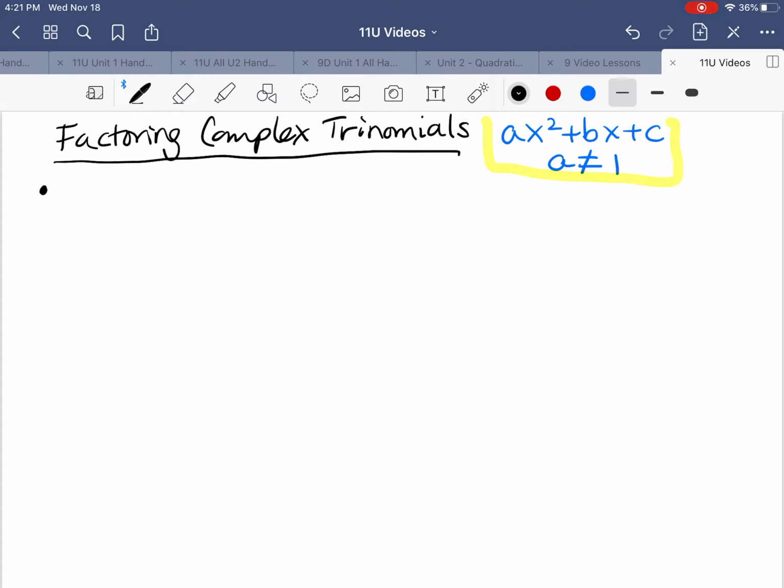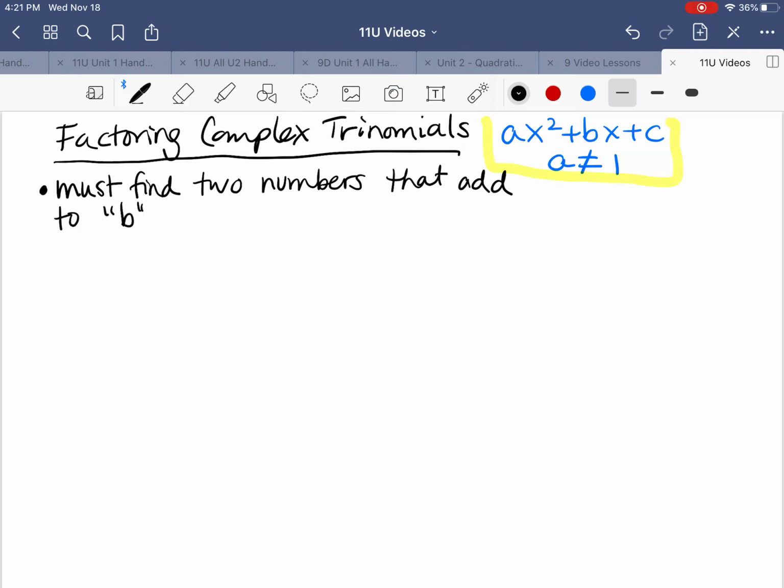So let us work through some examples, but just before we do that, I'm going to write down the rules. And these are going to be similar to what we just went over with simple trinomials. Must find two numbers that add to b, so whatever that coefficient is of the bx term, and multiply to a times c.